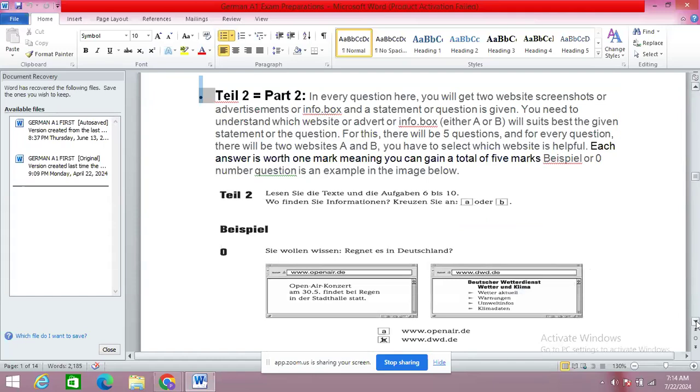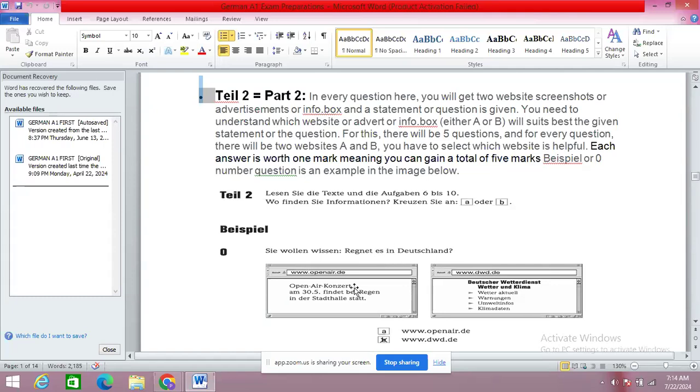Then in Teil Zwei, in question number 2, we are going to get some screenshots of a website, some ad, or maybe some info box. We need to understand which box is holding the correct information for our question. A question is given to us.